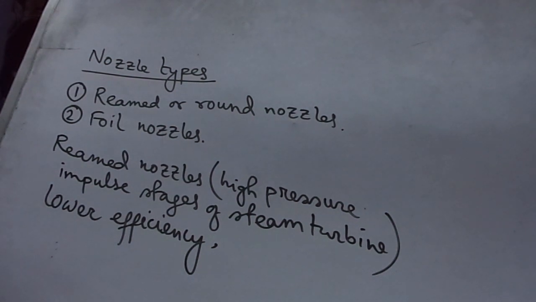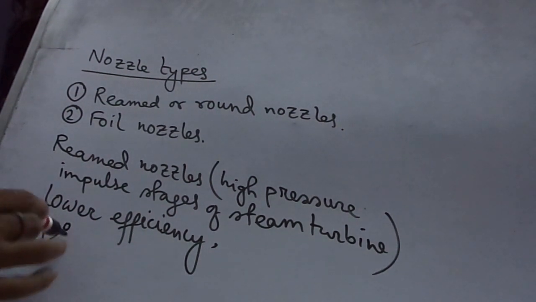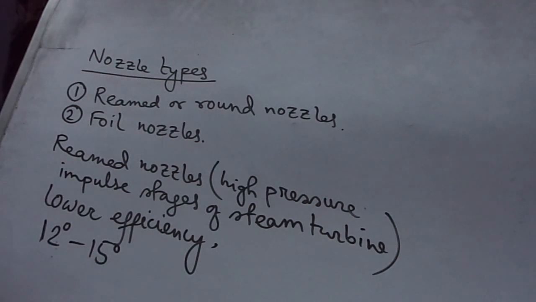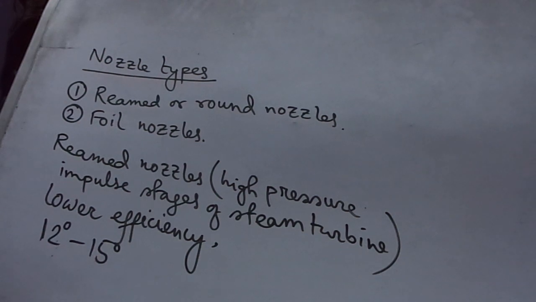The angle of divergence in rim nozzle is usually about 12 degree to 15 degree, in order to avoid flow separation with its attendant loss. The converging part is normally sharp and a good fillet or rounded entrance is provided.